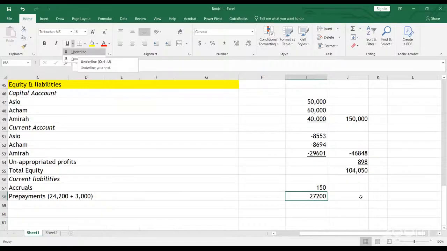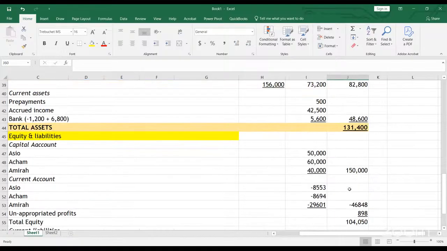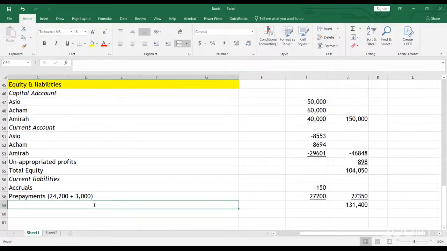So when you add these two plus this, we get 27,350. We add this plus our total equity, and it will give us 131,400, and this will be total equity and liabilities.